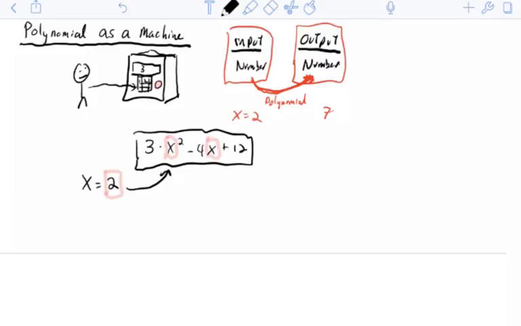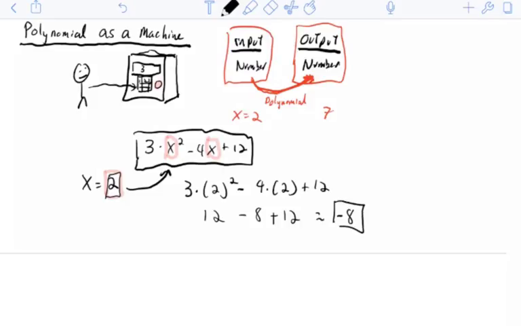Fill in the blank: 3 times 2 squared minus 4 times 2 plus 12. Then I get my calculator out and calculate the value of each of these terms: 12 minus 8 plus 12, and then you add them all together. Minus 8. So 2 is the input, minus 8 is the output.